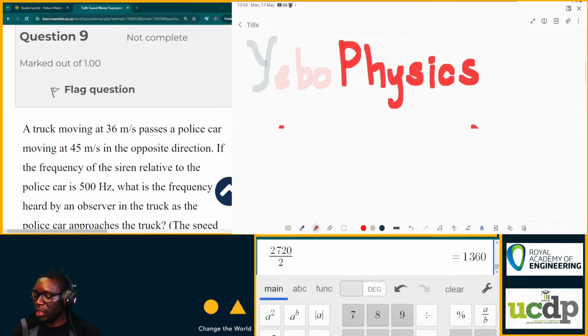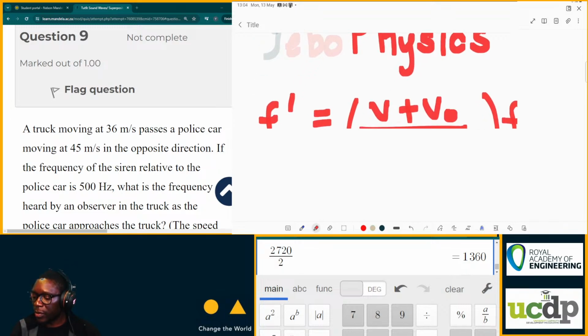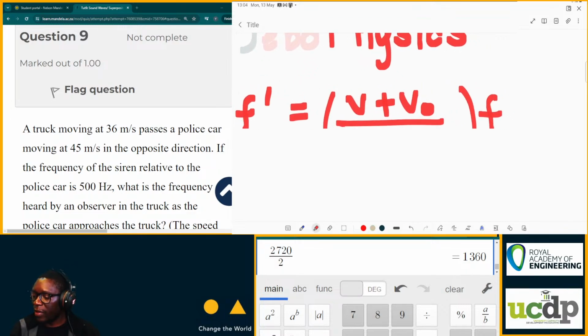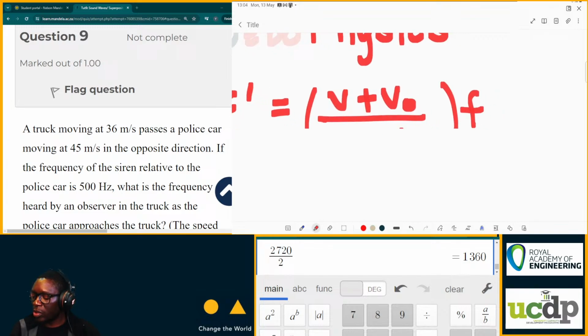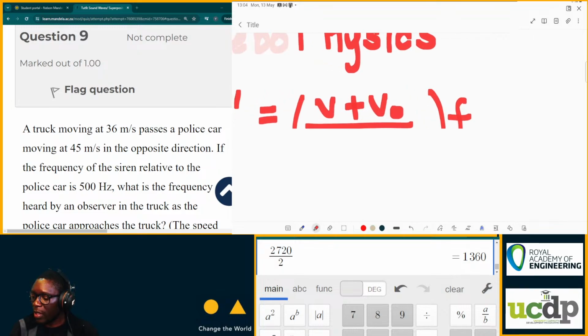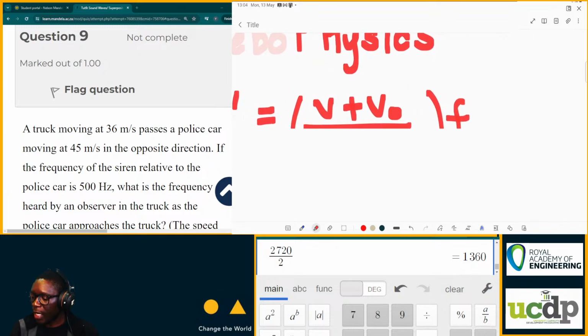So there is a change. This is the new frequency that is observed whenever the observer or the source are moving either towards or away from each other.